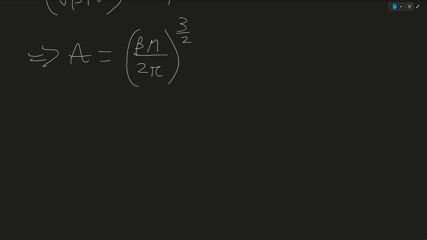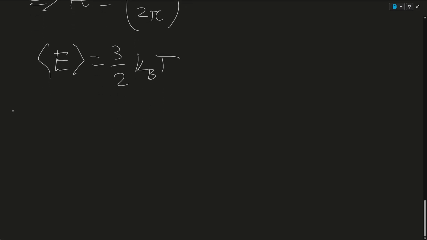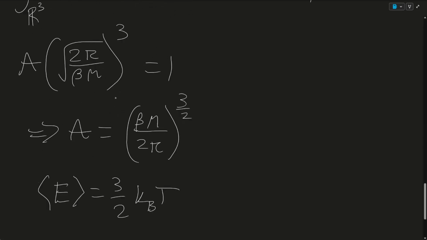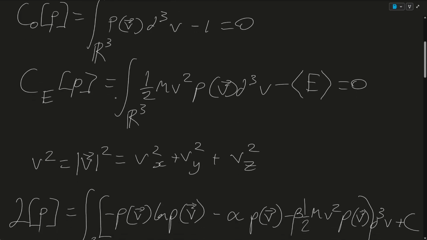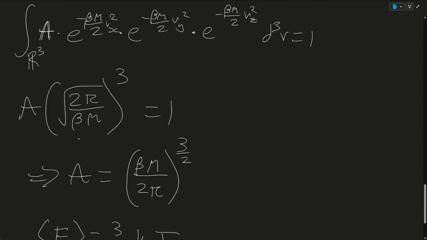Cool. I'll do that, but we know that average kinetic energy is 3 over 2 kBT, where this is the Boltzmann constant, and so we know that this is what our constraint is equal to, the energy constraint.